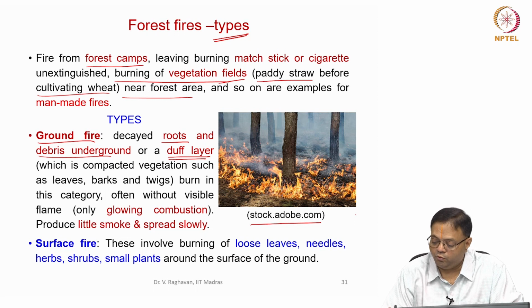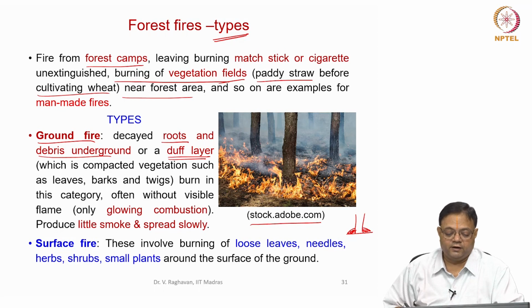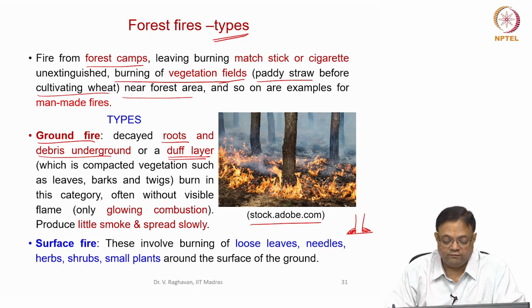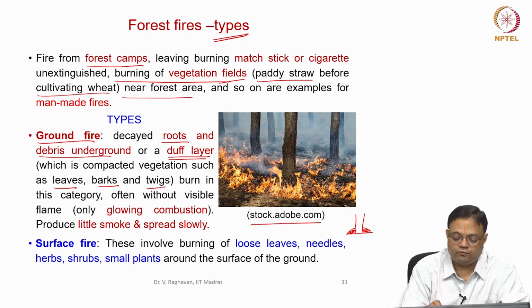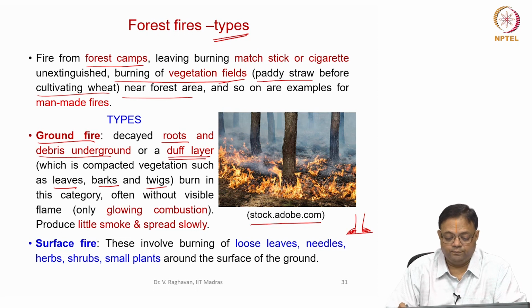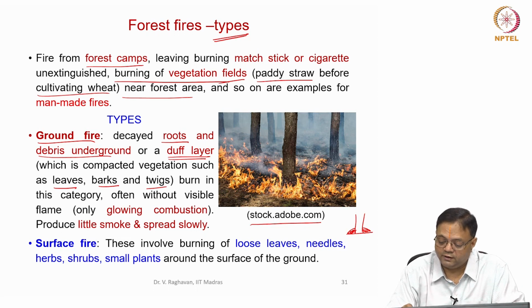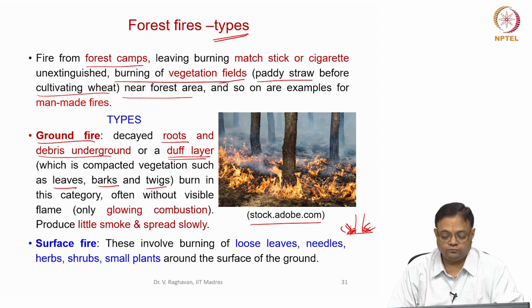For example, when you have a tree, there will be compacted vegetation around the tree, which can actually get degraded. This compacted vegetation can be leaves, barks, or twigs, and you can see that it is burning around the tree itself. So this actually can burn and that causes the ground fire.